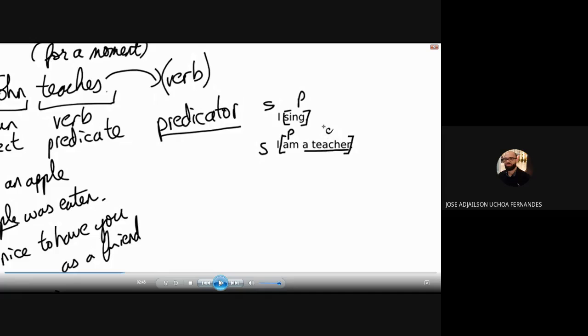And a teacher is a noun phrase, he says. It's composed of a noun, teacher, and the determiner, a, right? Any questions about this? Do you understand what the predicator is? It's like the head of the predicate. Is it clear for you? Yes, yes, it is. Good.